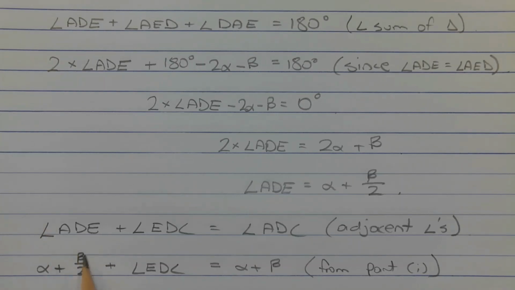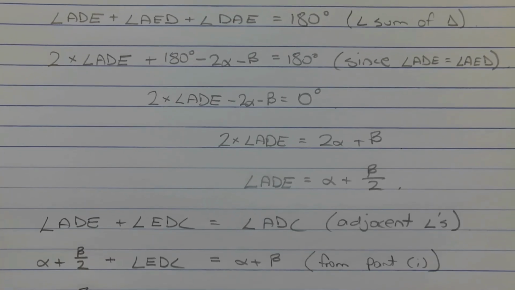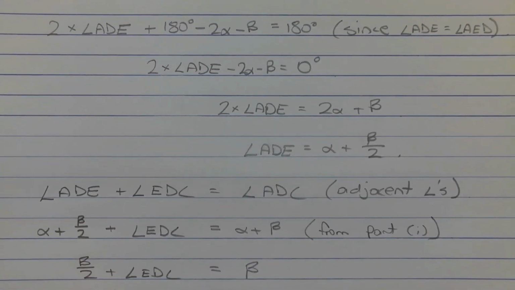So alpha plus beta over 2 plus angle EDC is equal to alpha plus beta. Now in part 1, angle ADC is equal to alpha plus beta, and we're asked to explain why. So we can form this equation: alpha plus beta over 2 plus angle EDC is equal to alpha plus beta. And we will solve for angle EDC.